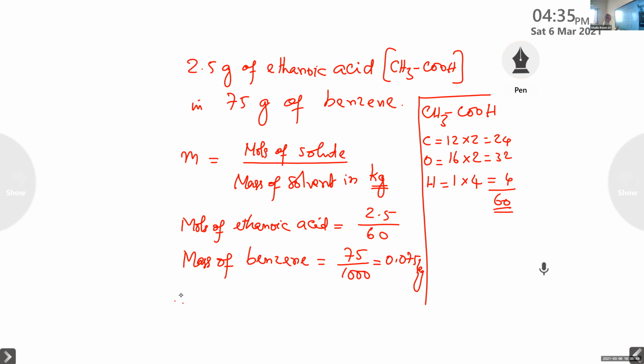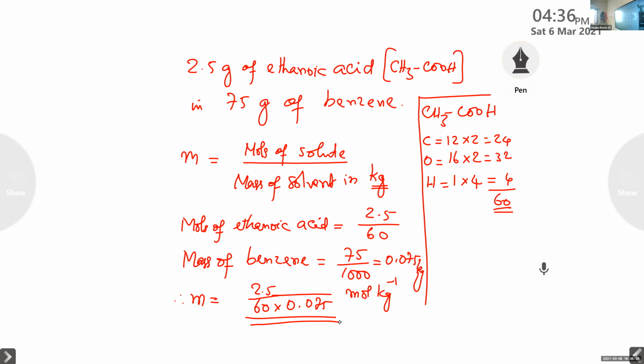Therefore, molality m is equal to the number of moles of ethanoic acid, 2.5 by 60, divided by 0.075 in the denominator. So that much mole per kilogram. That is the value.